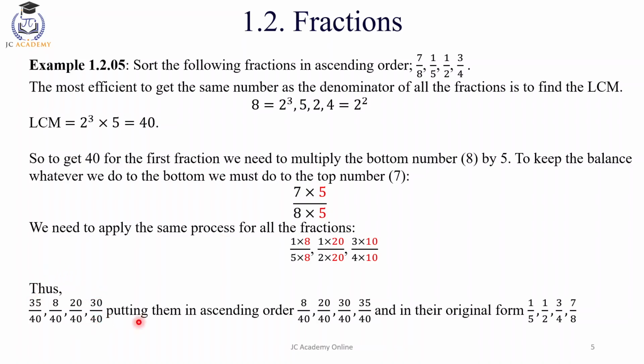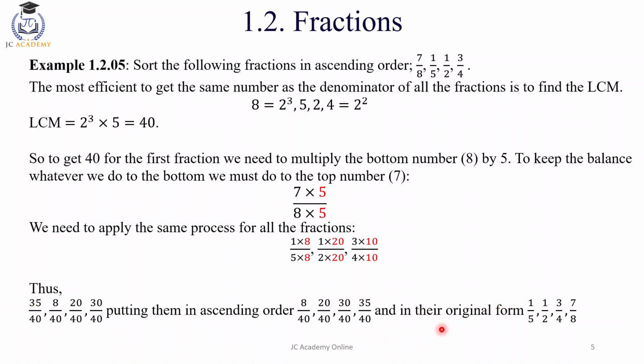Now, to put them in ascending order, now that the denominators are all the same, we can clearly see that the smallest of the 4 is 8 over 40. The next smallest is 20 over 40, then 30 over 40, then 35 over 40.